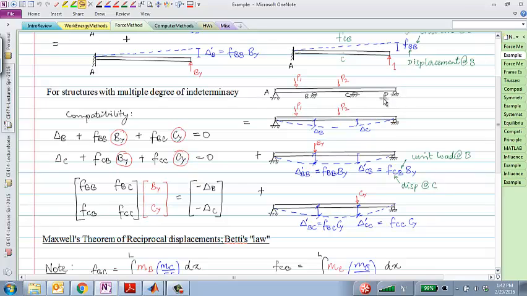If you remember from a few lectures back, when we were talking about redundant systems with a degree of redundancy greater than 1, for example here, the degree of redundancy is what? For this problem, the degree of redundancy is what? 2, yeah.